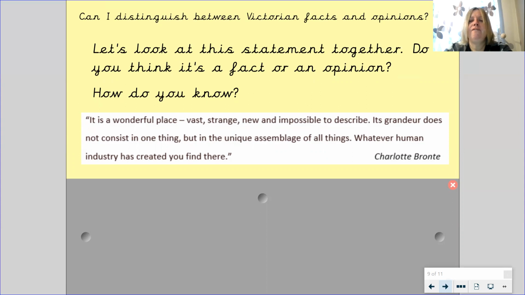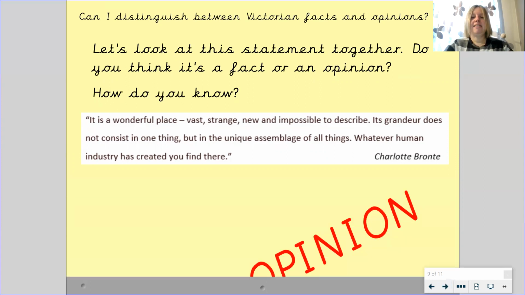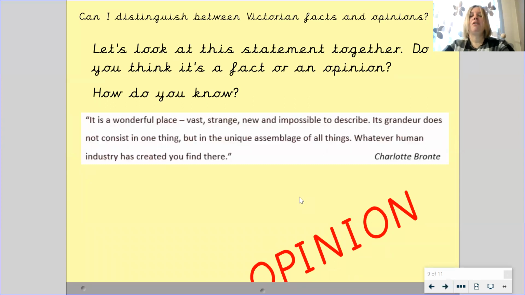Do you think this is a fact or an opinion? Have a little think. Yes, it's an opinion. It tells us what Charlotte Bronte thought of her visit to the Great Exhibition. And if you remember back to our lessons earlier on this week, Charlotte Bronte was a writer.